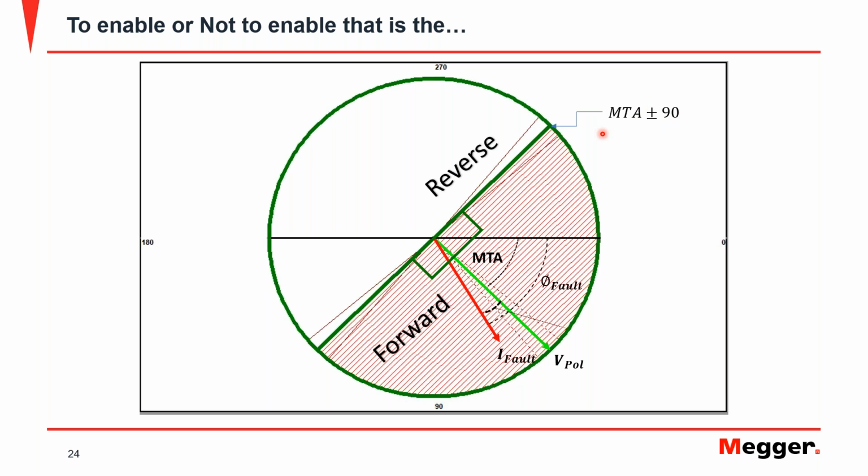In particular, what we are interested most of all is not only the torque angle or the fault angle, but the actual difference between what's called the maximum torque angle and the fault angle, because this angle here is the one that we use to decide whether the fault happened in one direction or the other.